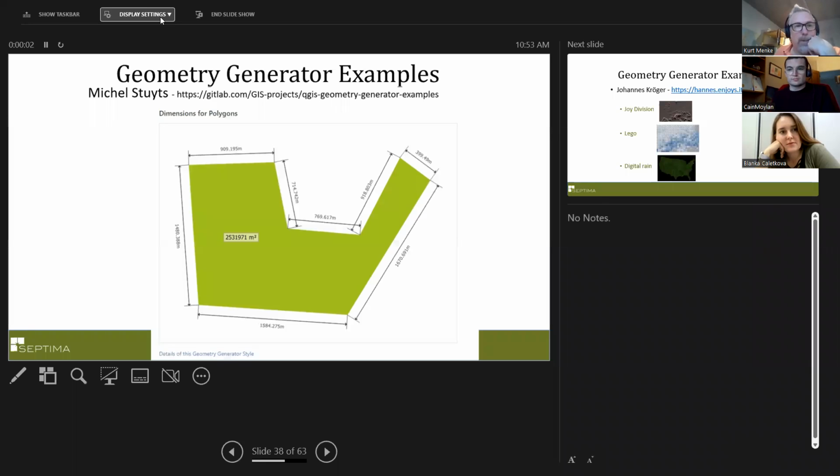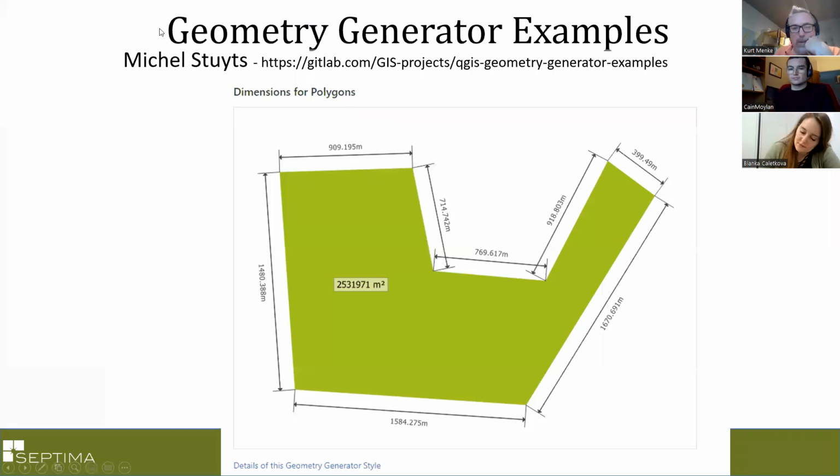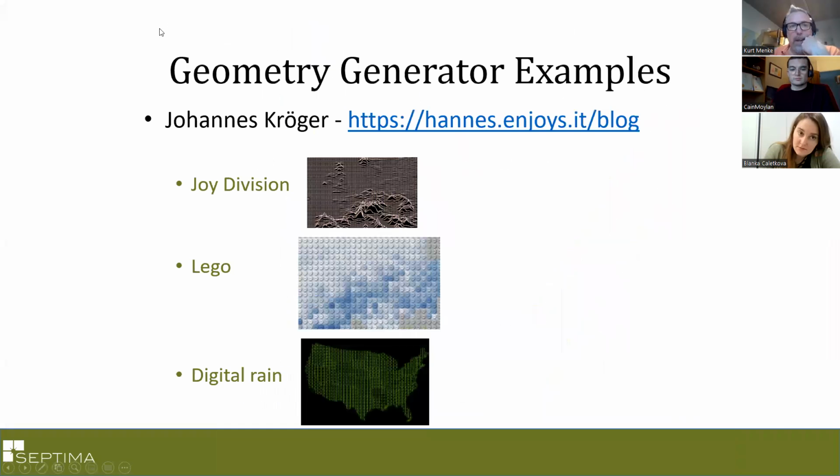I have a couple more examples. This man, Johann Kroger, also plays around with more creative, abstract geometry generator examples. One of the things a lot of people are into is creating these Joy Division plots of elevation.